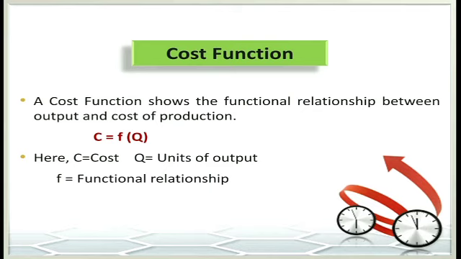And it is given as C is equal to F of Q. Here C is cost, Q is equal to units of output, F is equal to functional relationship. So there is a functional relationship between output and cost of production. That is the cost function.